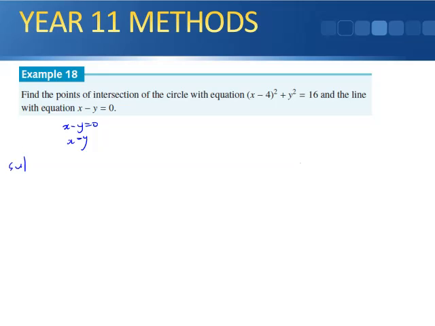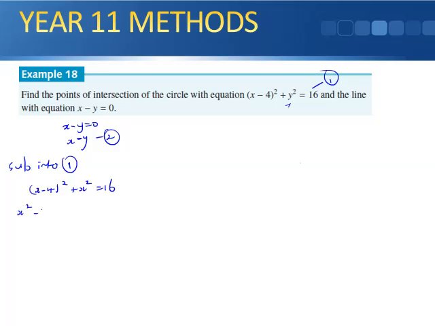And we're going to substitute into, I've got to label these, number 1, number 2, into number 1. So instead of a y, I'm going to put an x. Instead of an x, you can put a y. It doesn't really matter. I'm just going to go the other way, only because I've got y here by itself. So I've got x minus 4 squared. y is x, so plus x squared equal to 16.